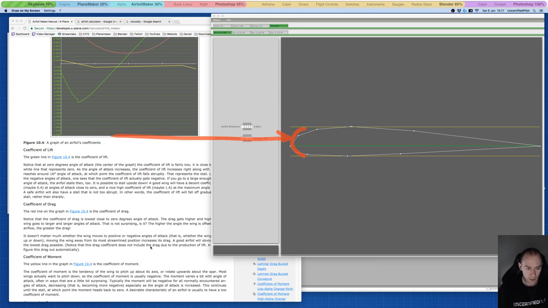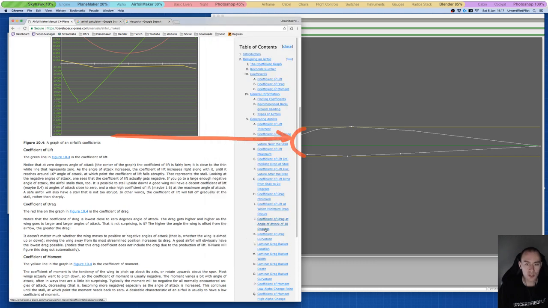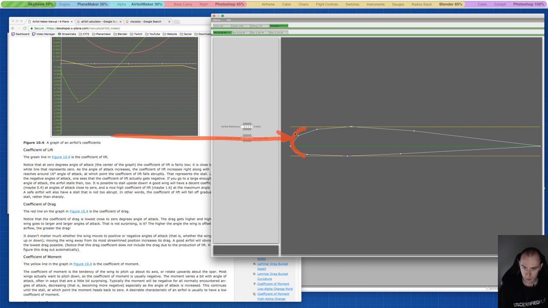Notice that this drag coefficient does not include the drag due to the production of lift. I mean, wind is going faster over it than underneath it, so that means that this will get a low pressure, and this a high pressure. This one wants to go up, and because it goes up, it pushes the wing up, or it pulls the wing up, either way.